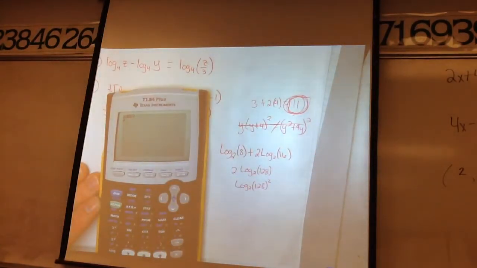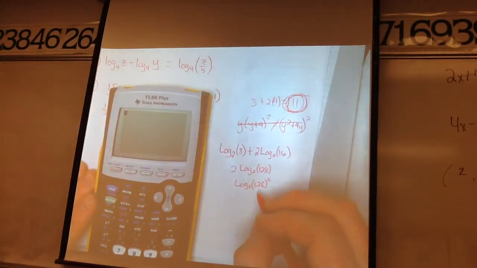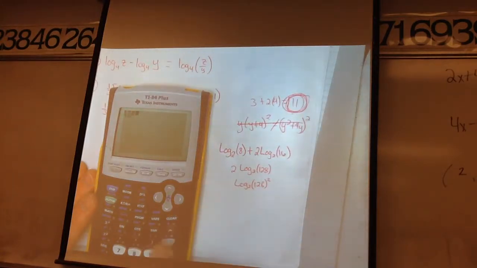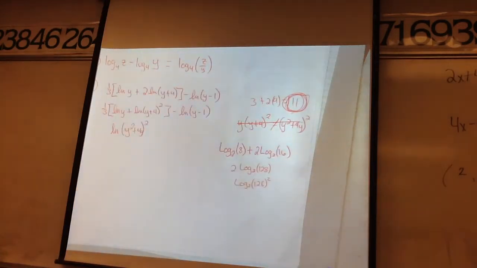It's 128 squared. Yeah, I know. Oh, yeah, that's true. 128 squared would be way more than 2,000. Nope, doesn't work. Really? Doesn't work, huh?